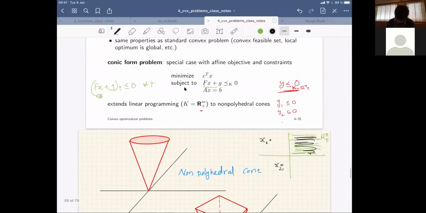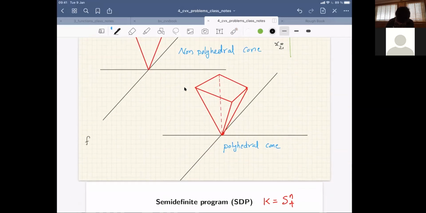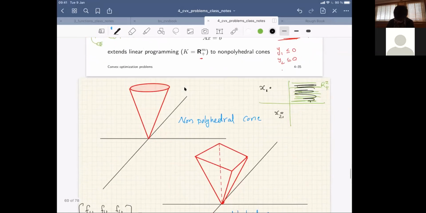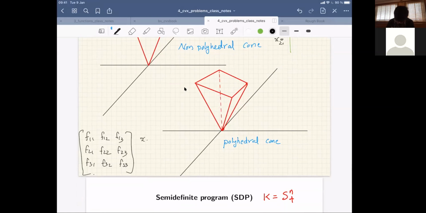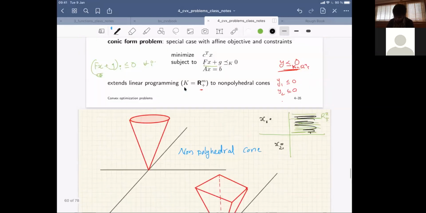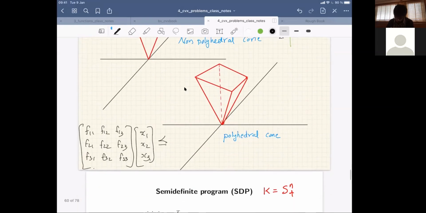You have a vector here, multiplied by x. So x is this. This has to be less than or equal to 0. This was the original condition.